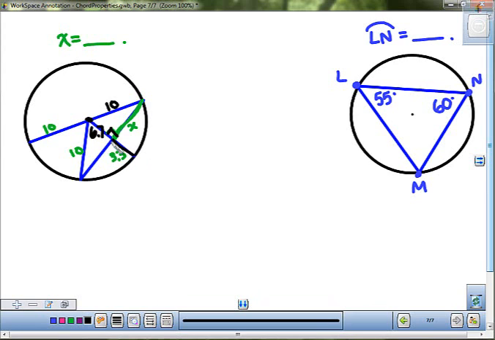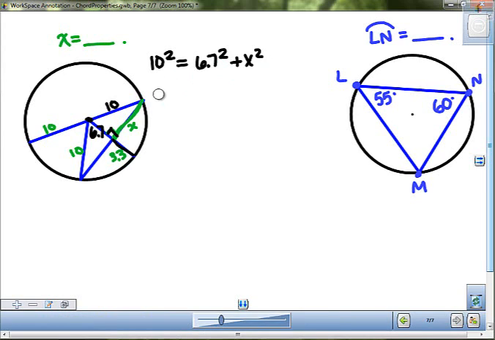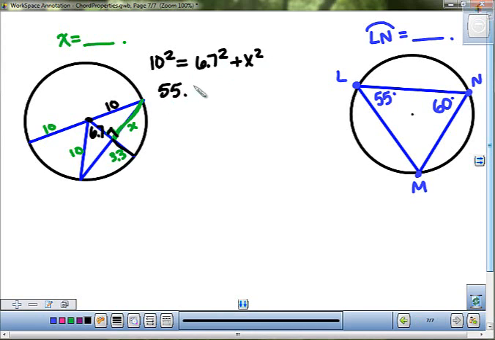So we can see here that we've created a right triangle and we know two sides. We know the hypotenuse, so we're going to use Pythagorean theorem to solve for x. Remember, when you're doing Pythagorean theorem, if you know c, you're subtracting, so you do 10 squared minus 6.7 squared, which gives us 55.11, and then we have to get rid of the squared on the x by taking the square root.